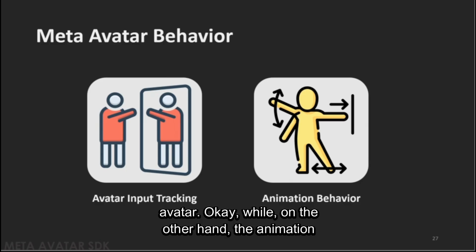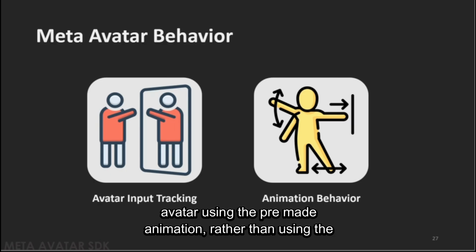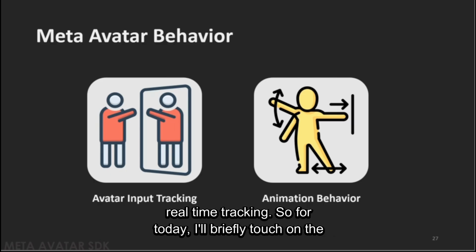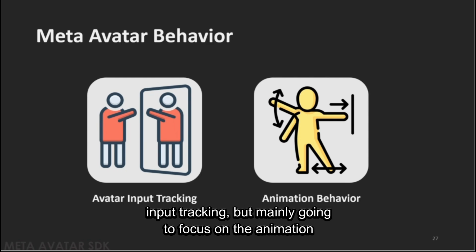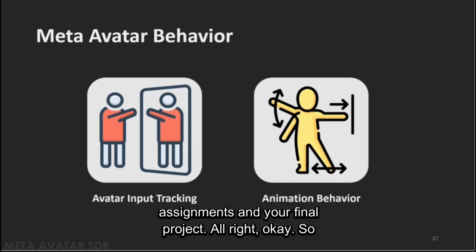On the other hand, the animation behavior is a different system, and it allows you to drive the avatar using pre-made animation rather than real-time tracking. For today, I'll briefly touch on input tracking, but mainly focus on the animation behavior, since that is more relevant to your upcoming assignments and your final project.